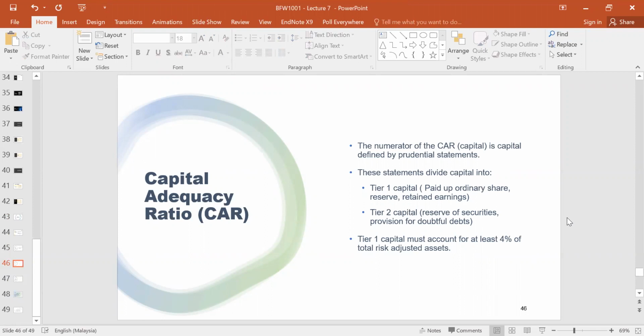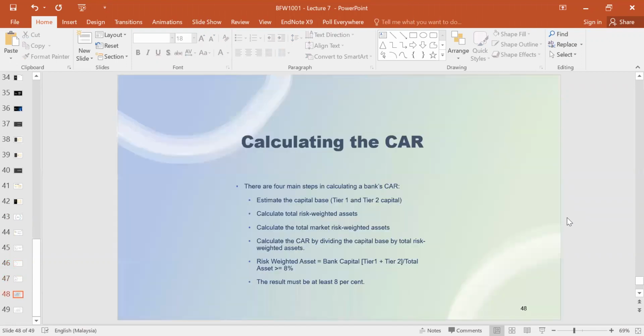So focus now on slide 48. How do we calculate the CAR? There are four main steps for you to remember. First, you have to estimate the capital base, which includes the Tier 1 and Tier 2. Refer to slide 46 for them. Then, calculate the total risk-weighted assets. Calculate the total market risk-weighted assets.